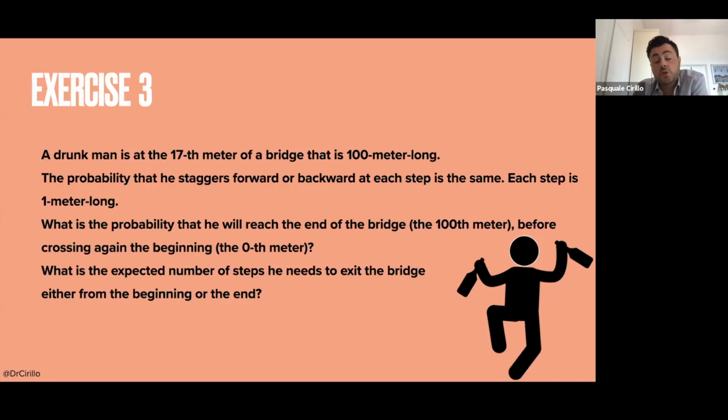And there are 2 absorbing states. The 2 absorbing states are 0 and 100, because these are the 2 states from which the guy can exit the bridge. Now, another way that we can use to solve this exercise is by using martingales, and in particular by using the Wald equality that we considered yesterday.